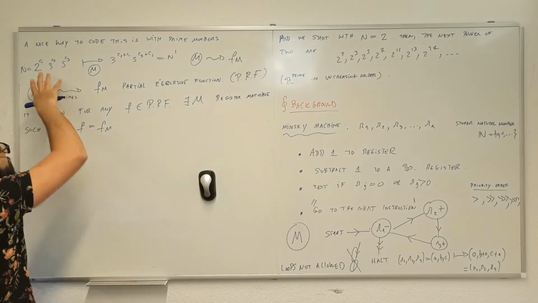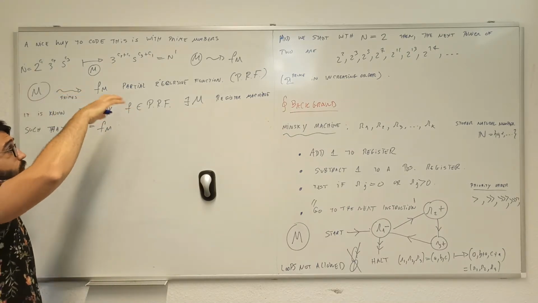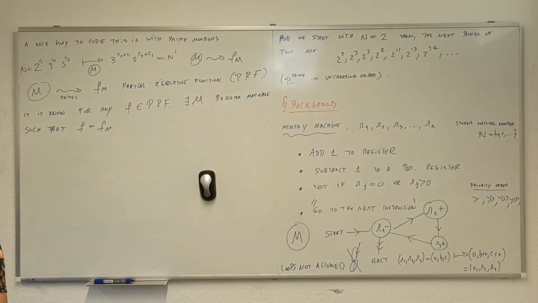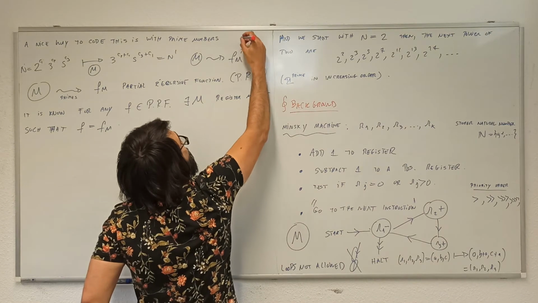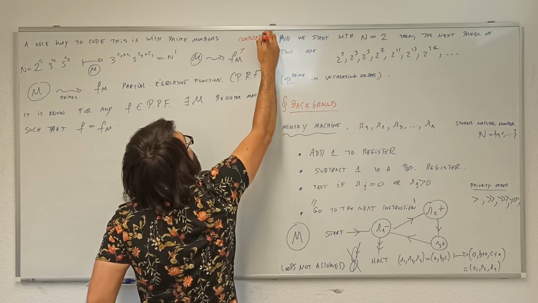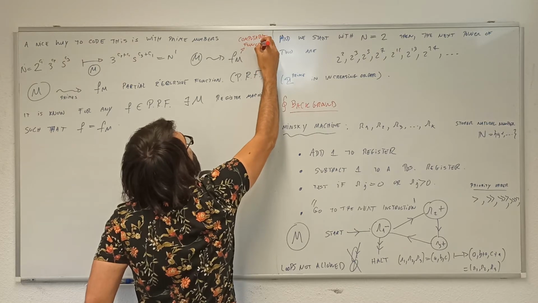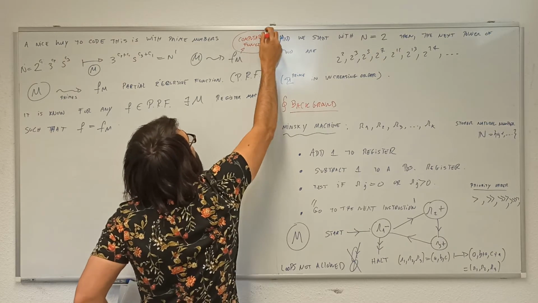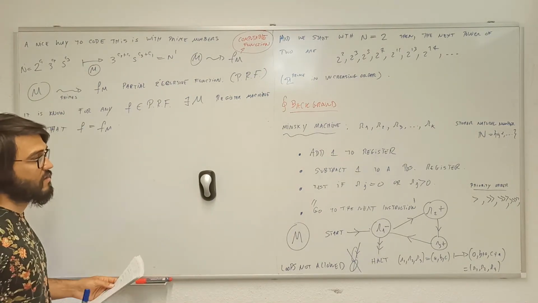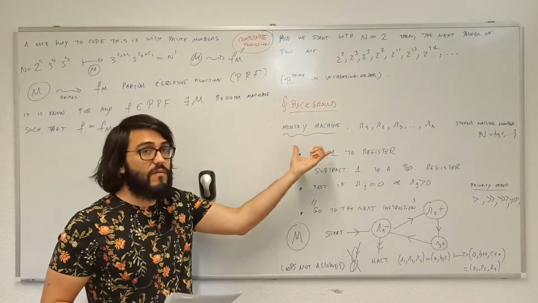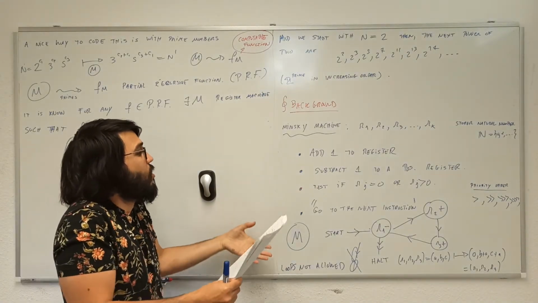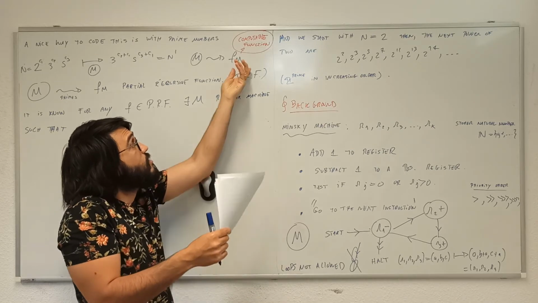Whatever comes up with a Minsky machine is called a computable function. A computable function is a function that has an algorithm that computes it, in the sense of a Minsky machine: you have a register machine with a code that computes that function.